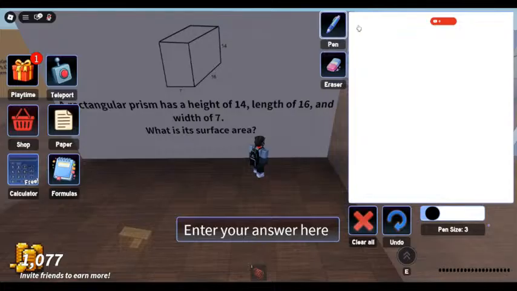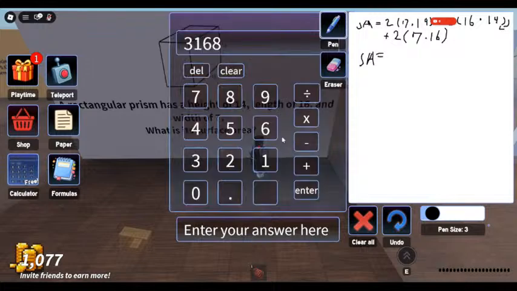So then SA is equal to 2 times 7 times 14, plus 2 times this side, 16 times 14, plus 2 times the top, 7 times 16, which you can just plug into a calculator to make it easier for us.